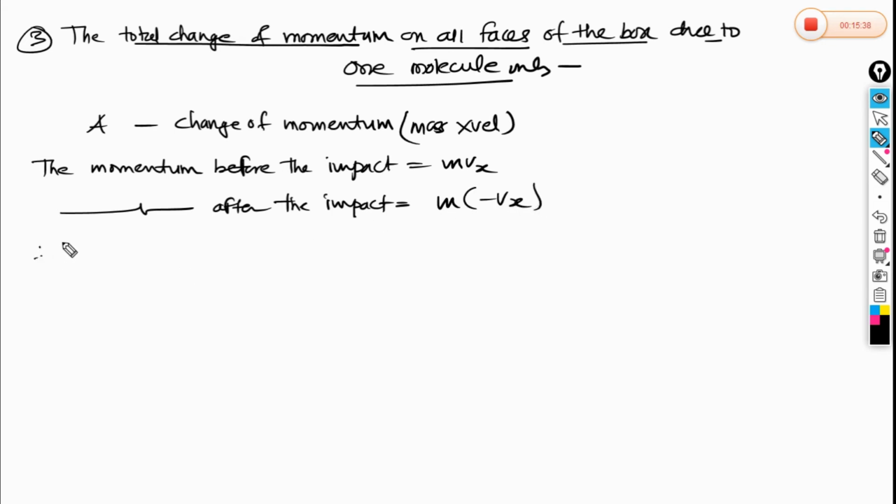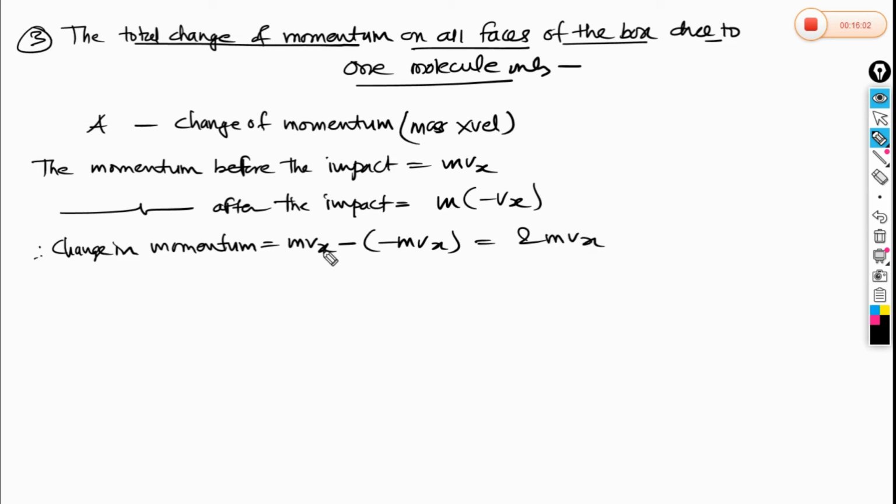Therefore the change in momentum is equal to mvx minus (minus mvx), which is equal to 2mvx.